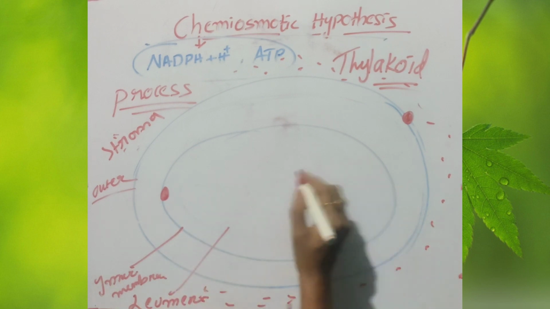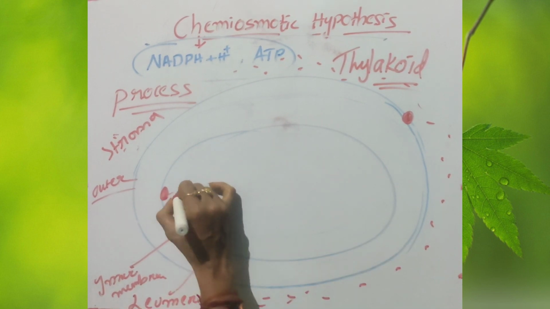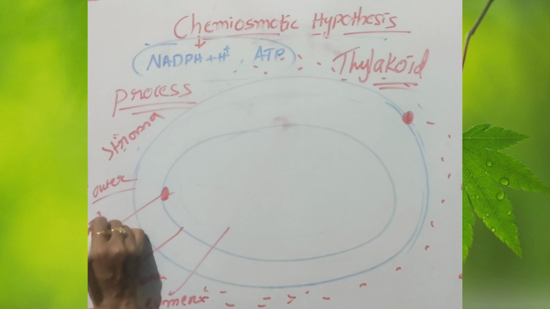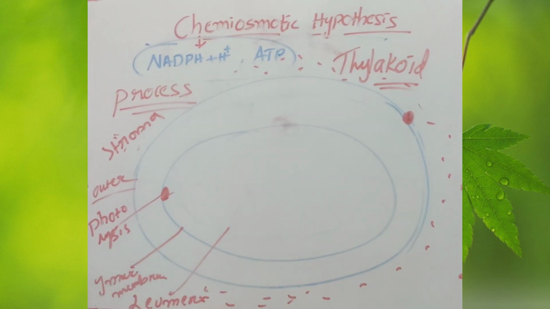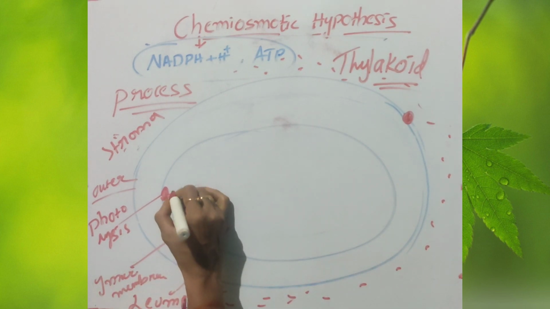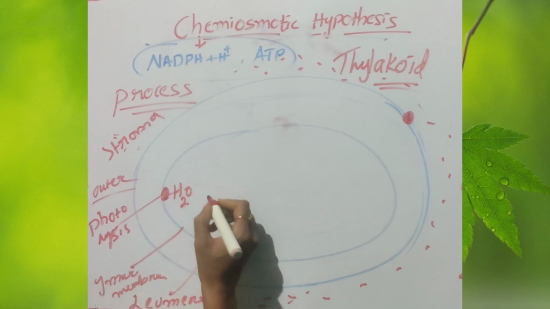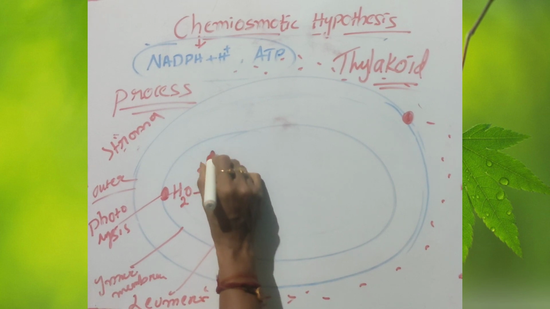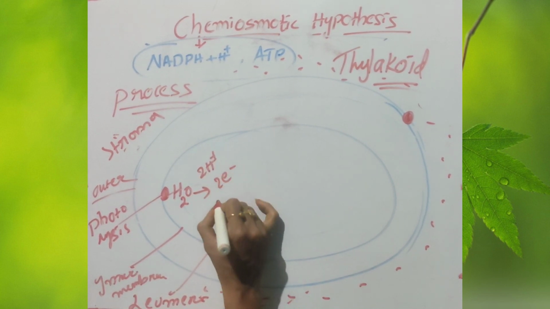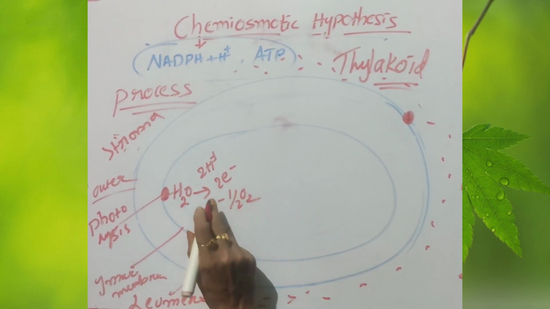The first complex name is the photolysis complex. What is the need of photolysis? Photolysis is useful for the splitting of the water molecule to generate 2 protons, 2 electrons, and 1 nascent oxygen atom.